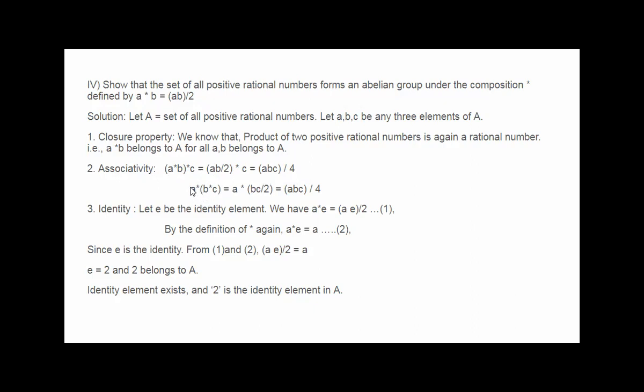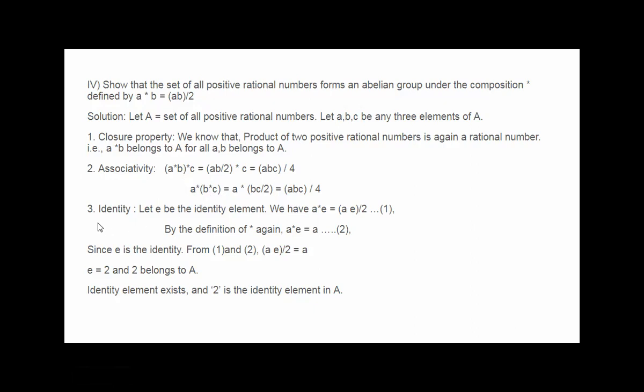Now if we take a star (b star c), it is equal to a star (bc by 2), which is equal to abc by 4. So we can say that these two are equal: (a star b) star c is equal to a star (b star c), so the operation is associative.